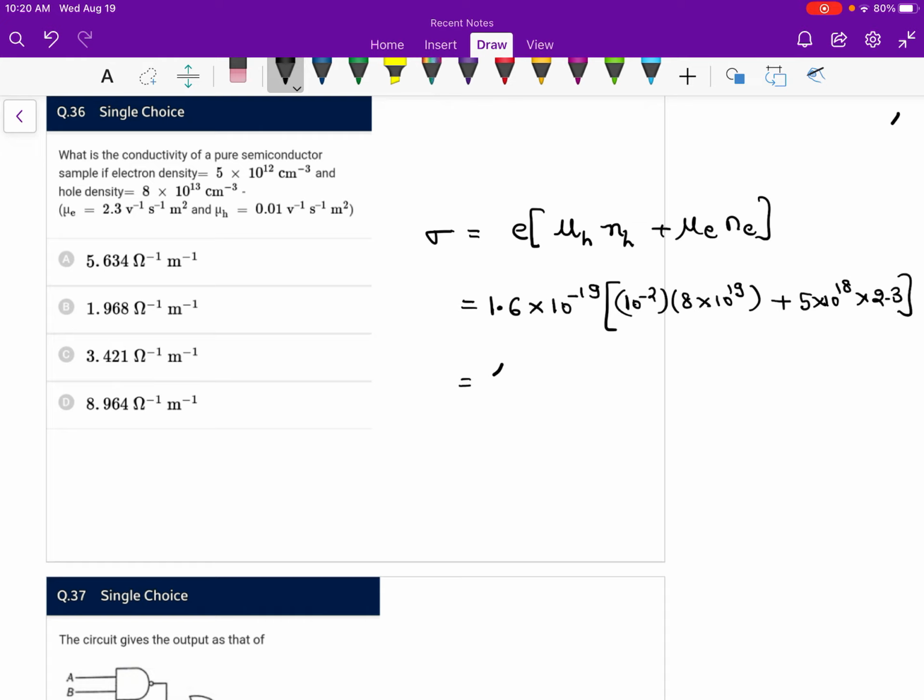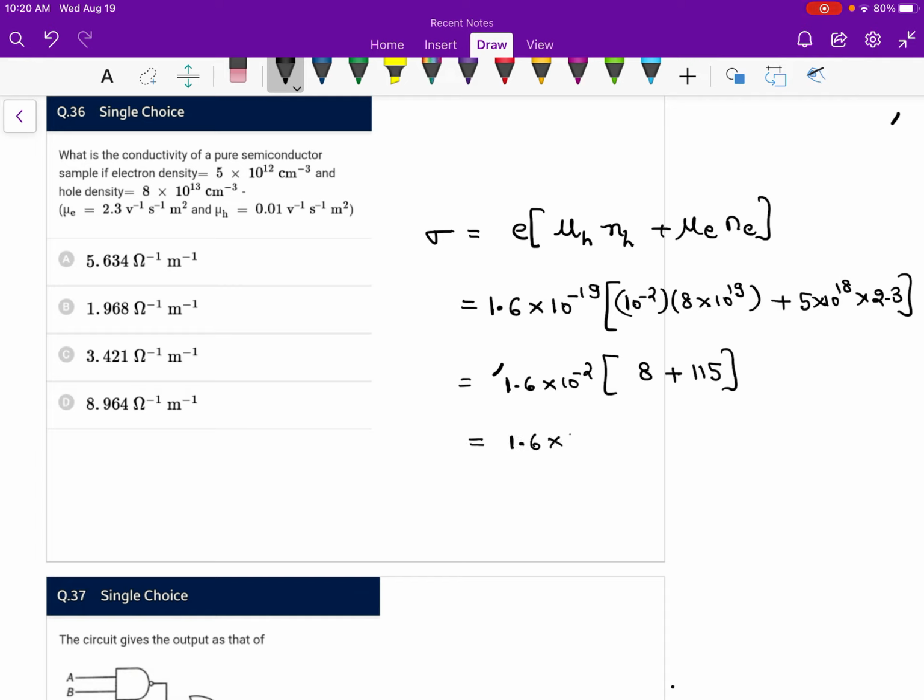Let's take 10 to the power 17 common. So which is 1.6 into 10 to the power minus 2, and this is 8 plus 50 into 10 to the power 17 that we have taken common. So 5 into 23, which is 115, plus 8 is 123.